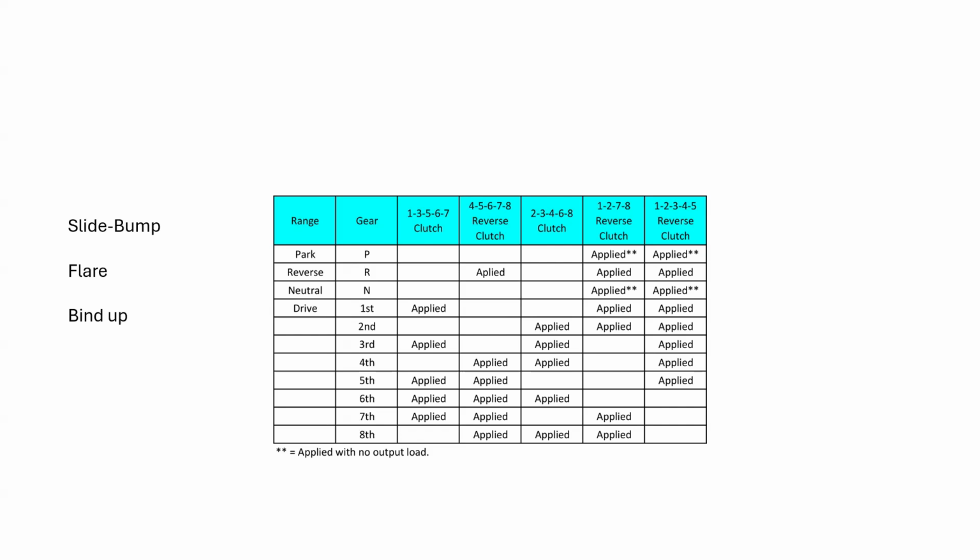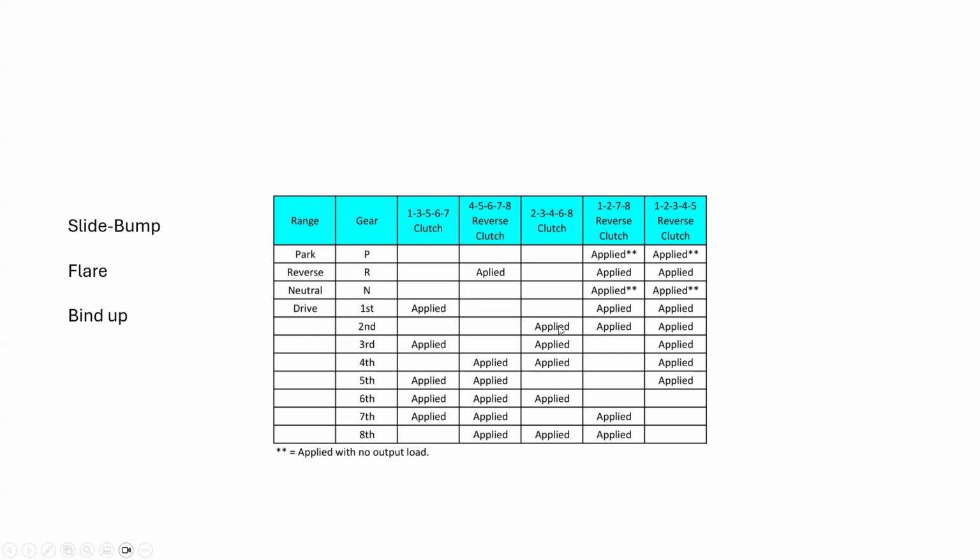And I'll give you a little tip here for your diagnosis, and that is a simple rule. The clutch that applies last will lose. And what I mean by that, during this 1-2 bind-up condition, you've got the first clutch on and the second clutch trying to come on, but of course it can't because the first clutch hasn't released yet.